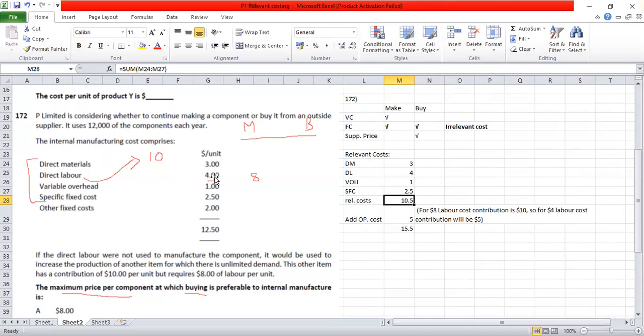But now they have only $4 labor cost, so the contribution will be only $5. So add $5, so 15.5 is what we got. So if it is at least 15.5, they can think about placing the order with the supplier. If it is anything above 15.5, rather they make it in their own premises, in their factory.